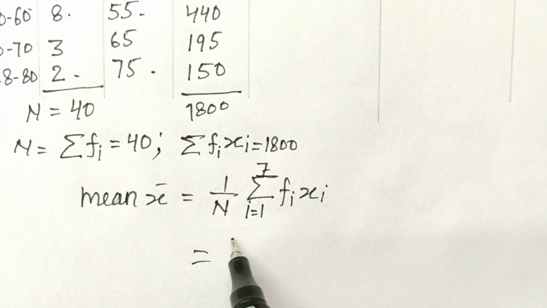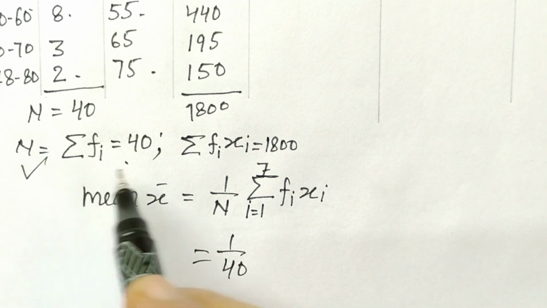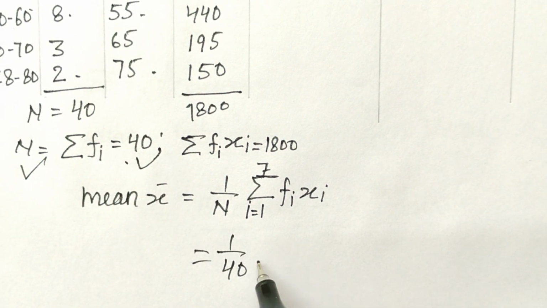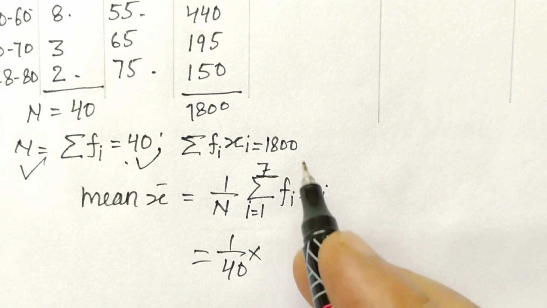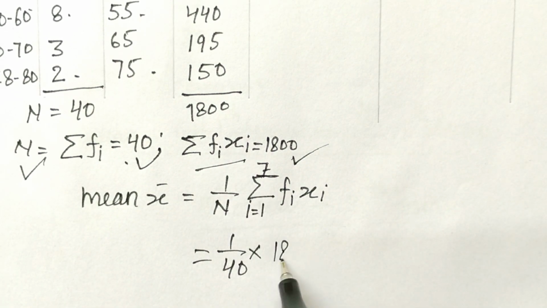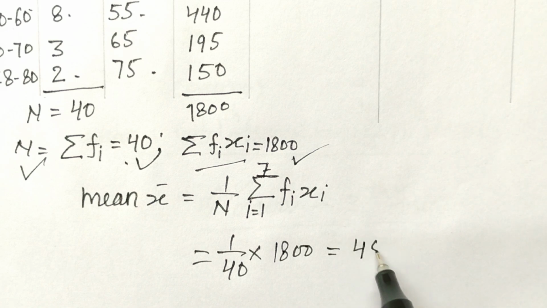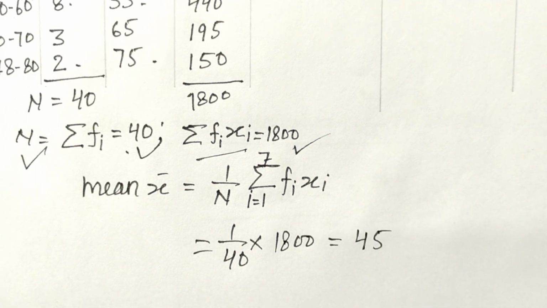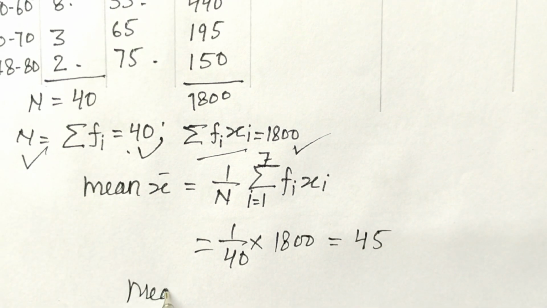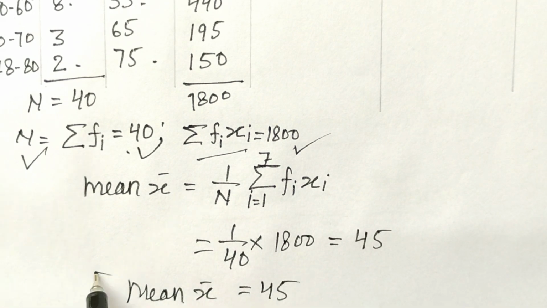Now 1 over 40, as n is 40, into 1800, the summation of Fi into Xi, is equal to 45. So mean X bar is equal to 45.